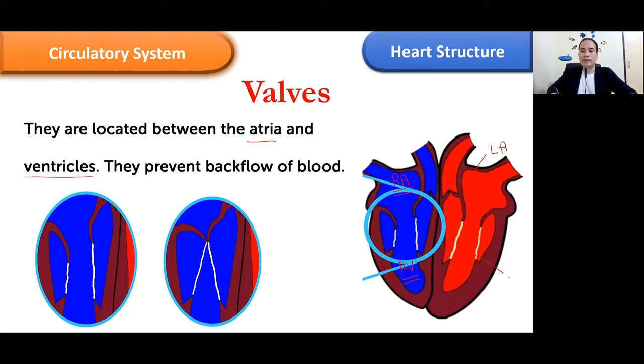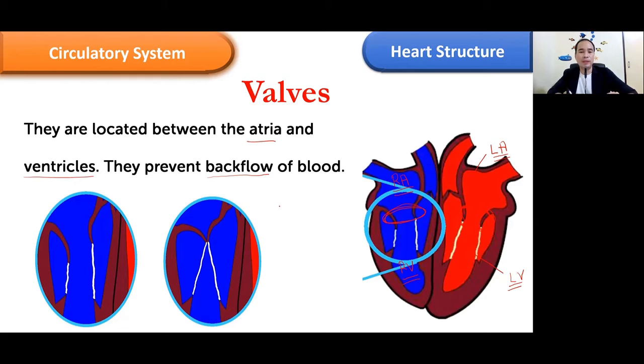And this side is your left ventricle. So your valves are located between your atria and your ventricles. So these are your valves here. Okay?